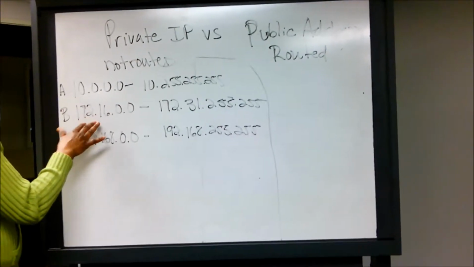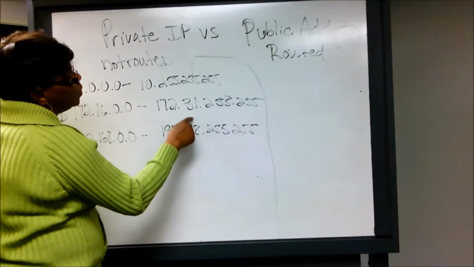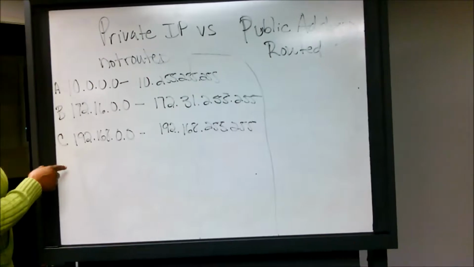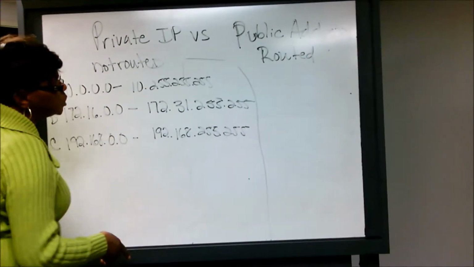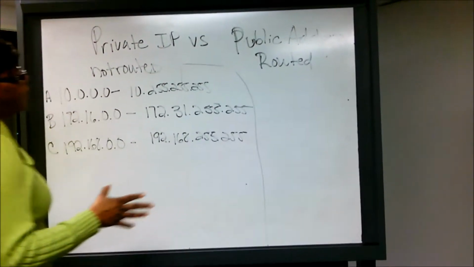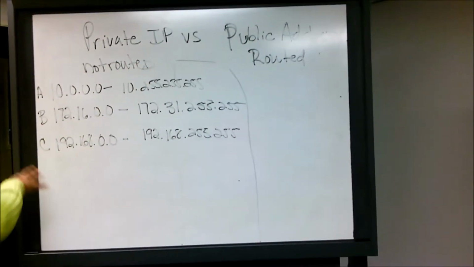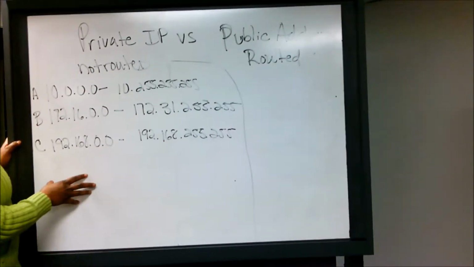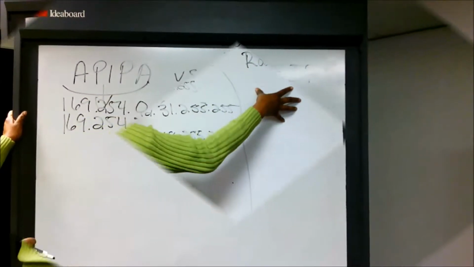B is 172.16.0.0 through 172.31.255.255, and C is 192.168.0.0 through 192.168.255.255. Now the difference between private and public is that private IP addresses cannot be routed across the internet, and public IP addresses can.